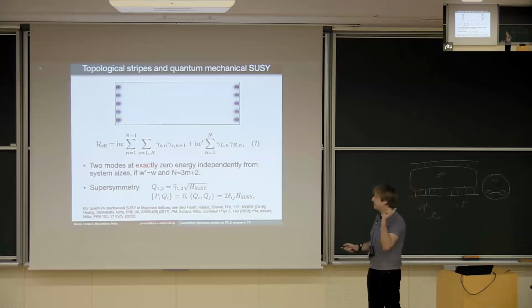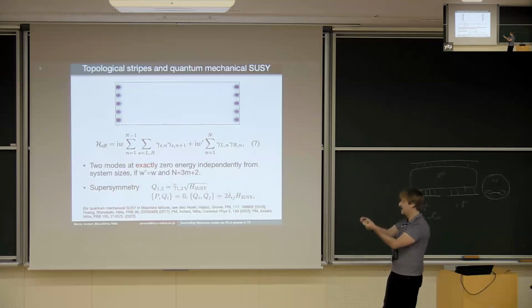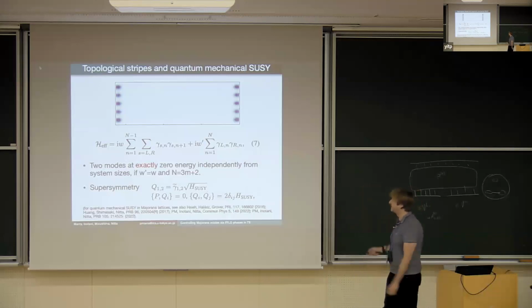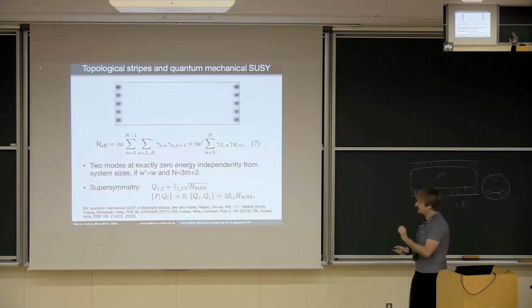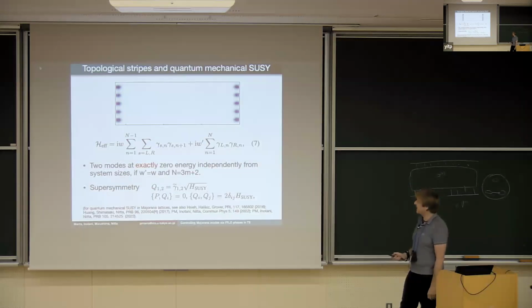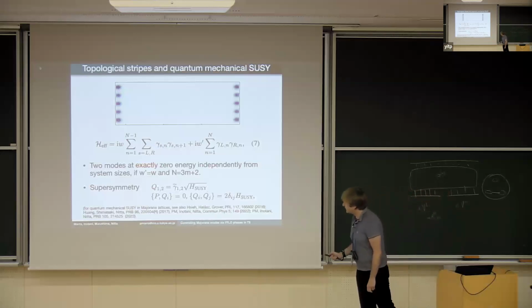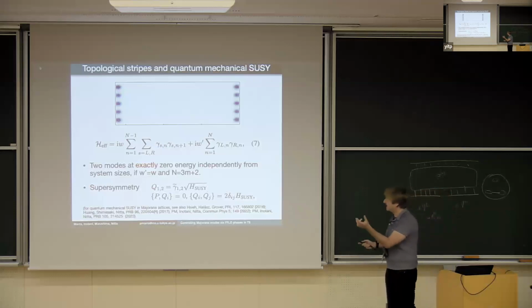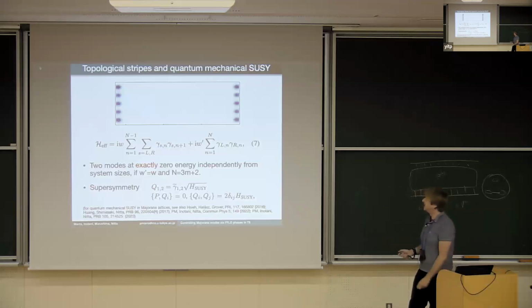This is different from what I start with, where for example, if I have 2 Majorana modes, the energy is only exponentially small in the system size. But here I have exactly 0 energy, and in this case I can construct some supercharge, some supersymmetry operator, which is described by this superalgebra. The only caveat here is that this is a finely tuned point of the phase space.